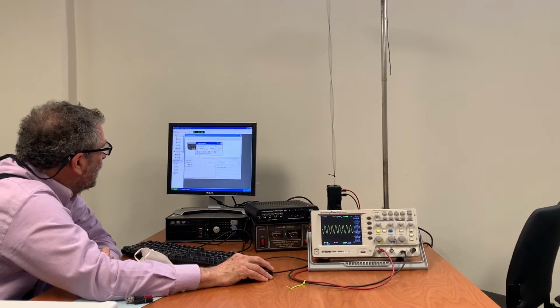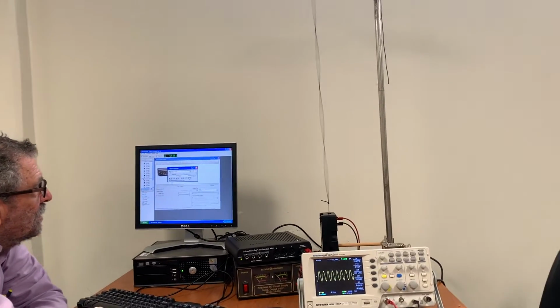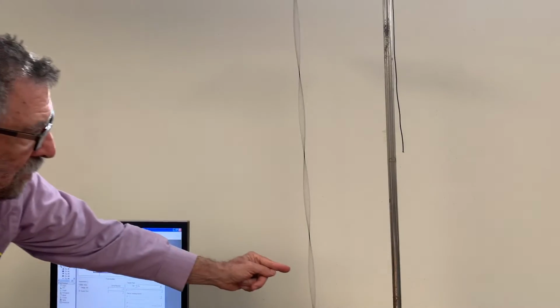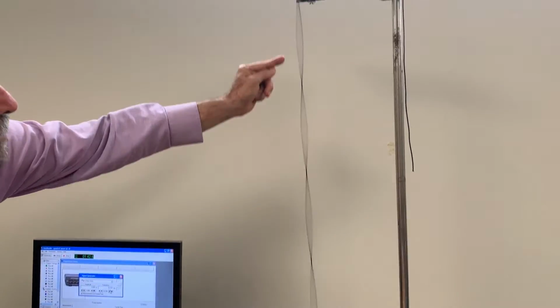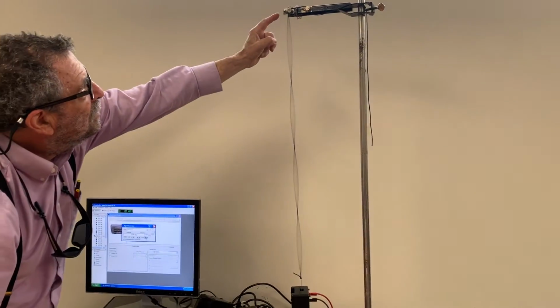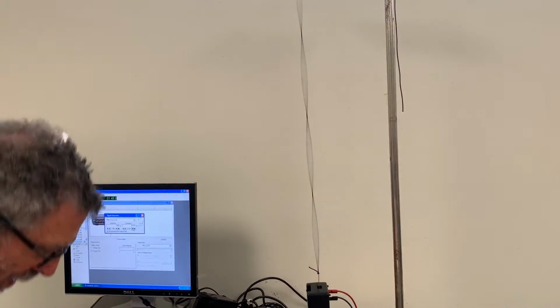So that looks good. 82.7, 82.6, something like that, right? So you've got 1, 2, 3, 4 antinodes, 1, 2, 3 nodes in the middle, 1 node at the top, 1 node at the bottom.